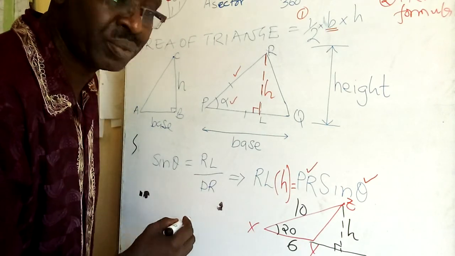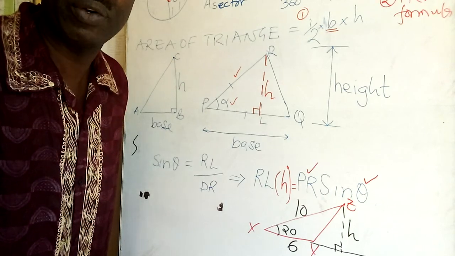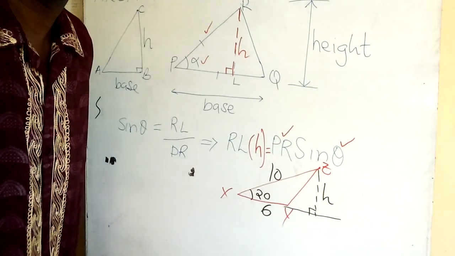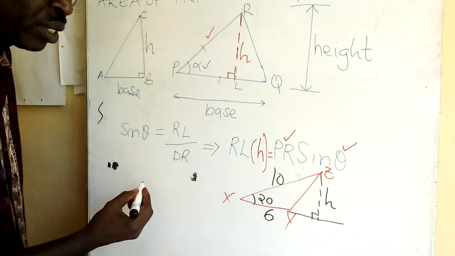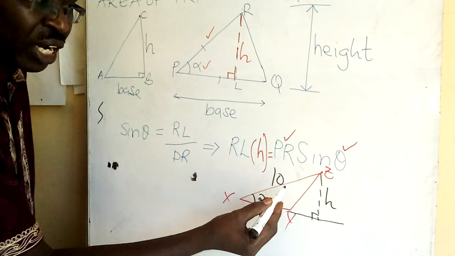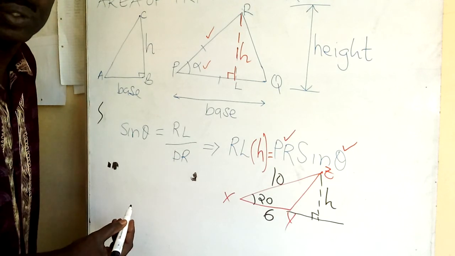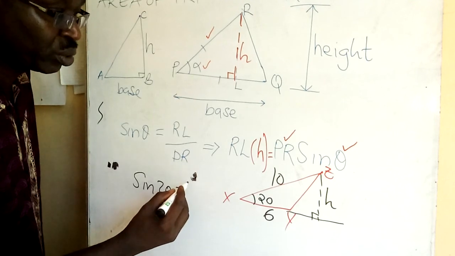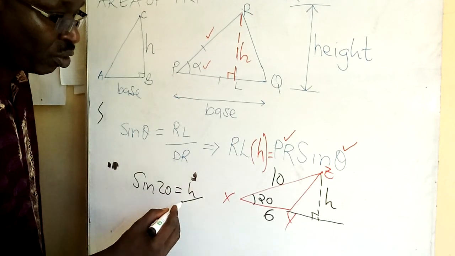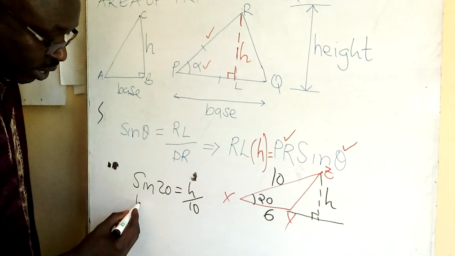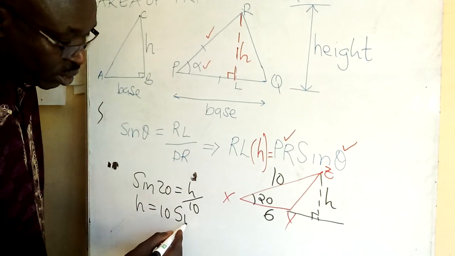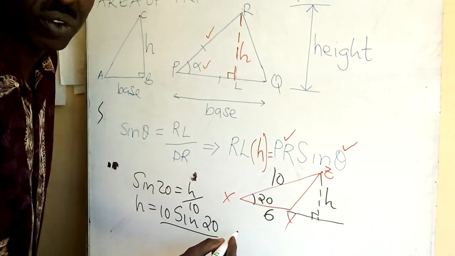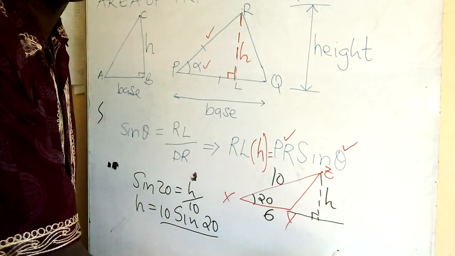So I have H, and I have 10. So I will say sine 20 is equal to H over 10. H is equal to 10 sine 20. So I know H.